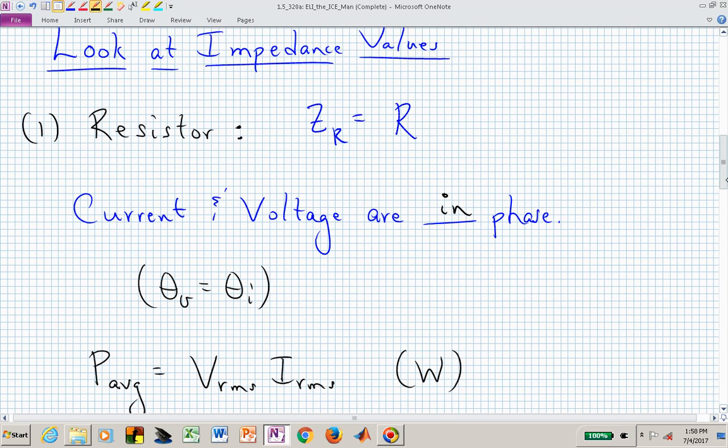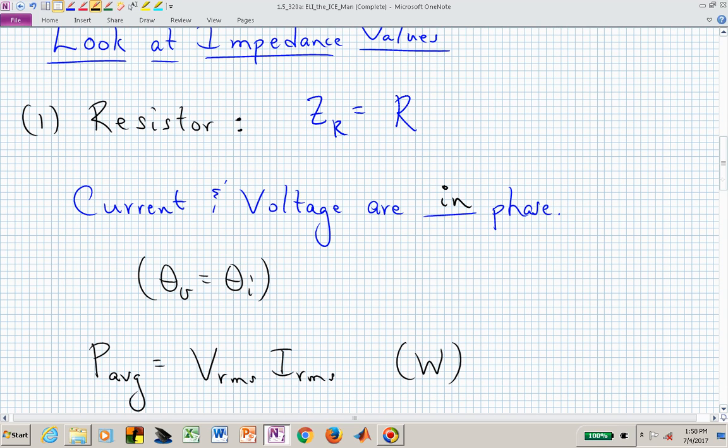Or theta sub V is the same as theta sub I, they're in phase, and if we plug those, being the same angle, into our average power equation, which is V RMS I RMS cosine of theta sub V minus theta sub I, we now have cosine of 0, which is 1, so the average power of a resistor is the product of the RMS voltage and current.